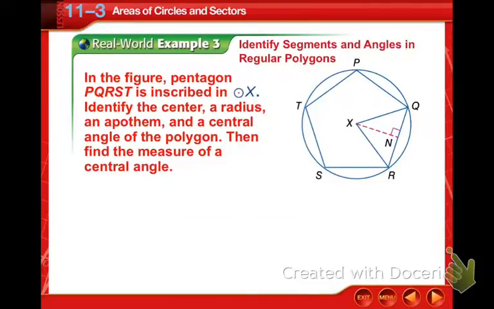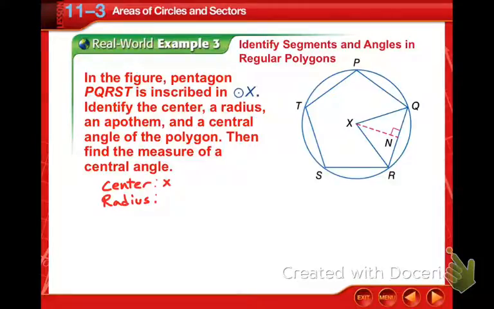Okay, so this next one gets into a bit more complicated of a problem. So for one, we just want to label everything. Our center for the circle here is X. It's the center of the polygon and the circle.